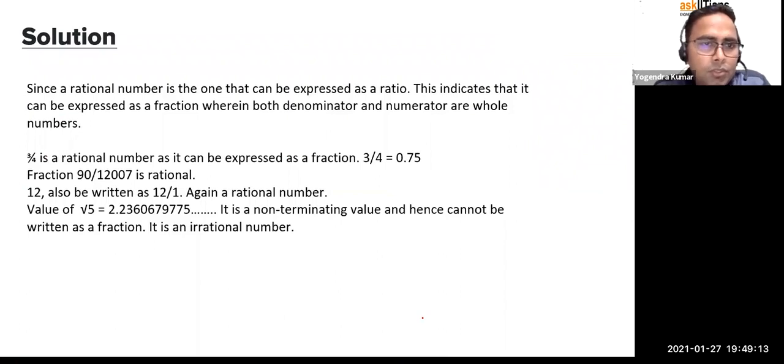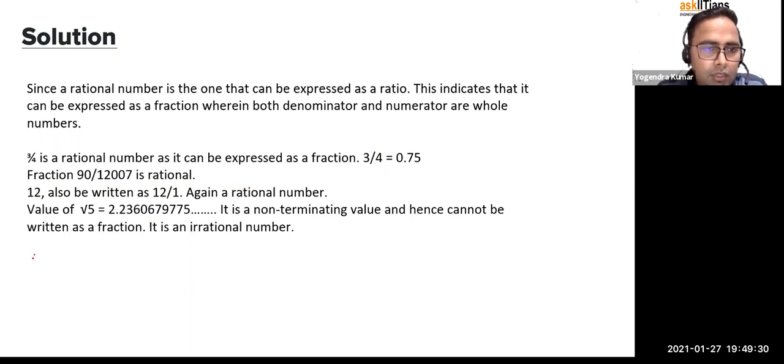So these are all the solutions provided here. I think let me explain here. For this particular form, they didn't discuss it.